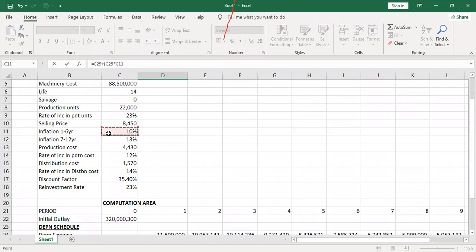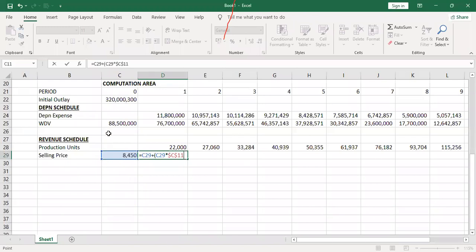We need to fix that cell. After clicking on 10%, you press F4 to fix the cell. Close the bracket and then press enter.